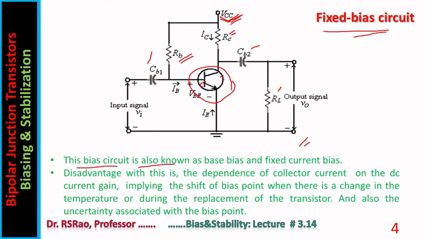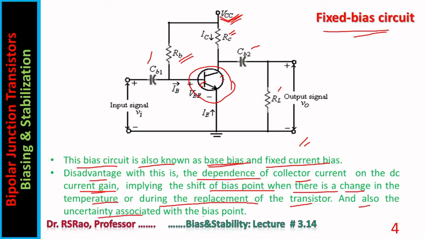Now a few points regarding the circuit. This bias circuit is also known as base bias, and also it is known as fixed current bias. It suffers with a disadvantage: the dependence of collector current on DC current gain, implying shift of bias point when there is a change in the temperature or during replacement of the transistor, and also the uncertainty associated with the bias point.